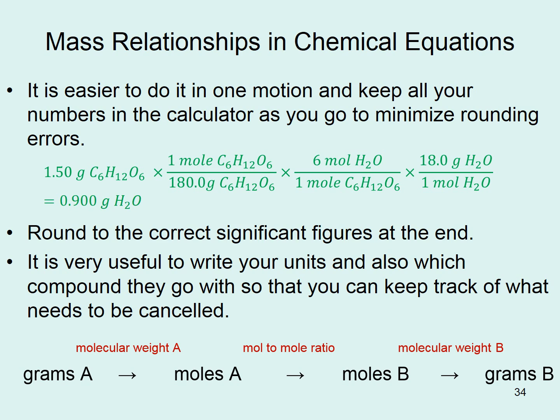Well, you're already starting with moles of A, so you skip that whole first step. You just go from moles of A to moles of B. So this is a nice little visual that you can follow. Where are you? If the question says how many moles of A gives you how many moles of B, you only have to do the middle step, but do as many steps as you need. And that's why I think using your units in your conversion factors can be really helpful.